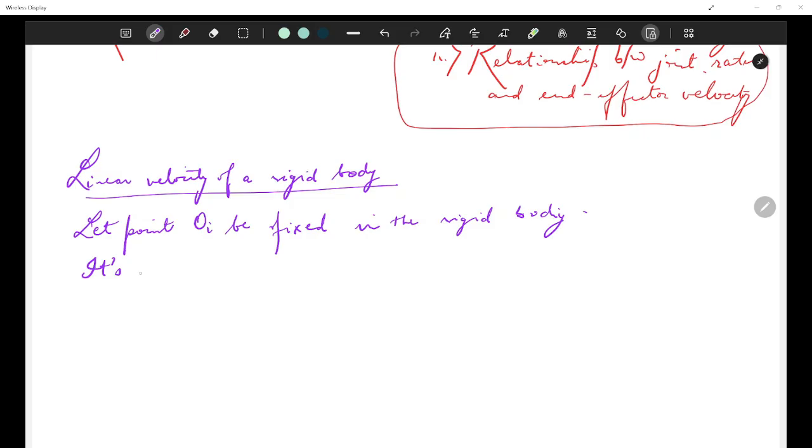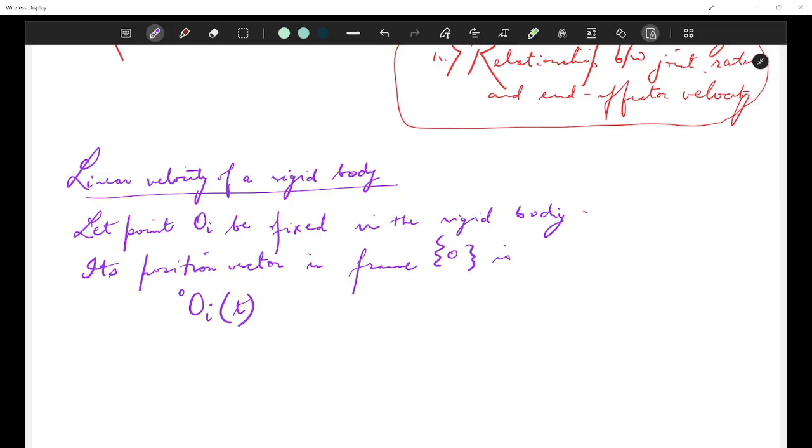Sorry, its position vector in frame of origin, which we denote by 0, is position of the ith link with respect to the origin is a function of time. So we denote it by this.